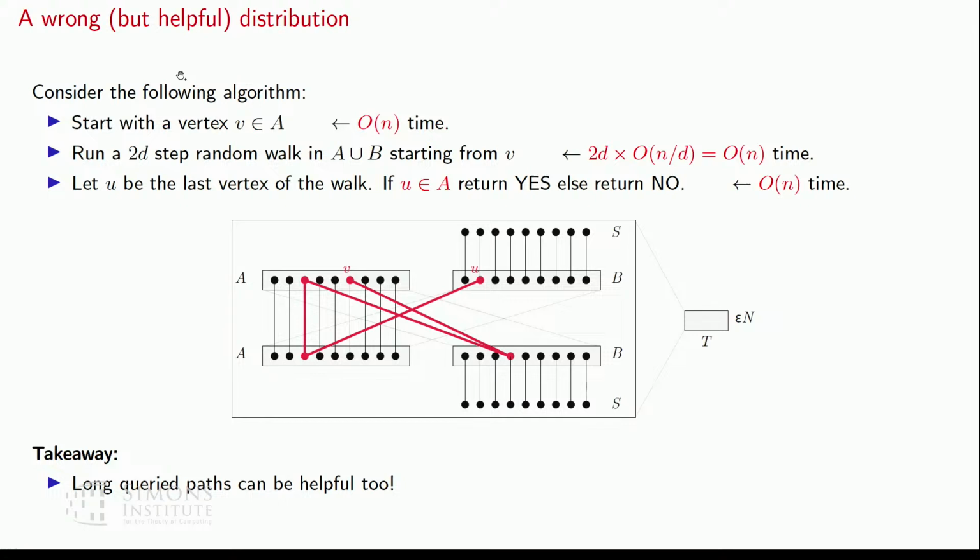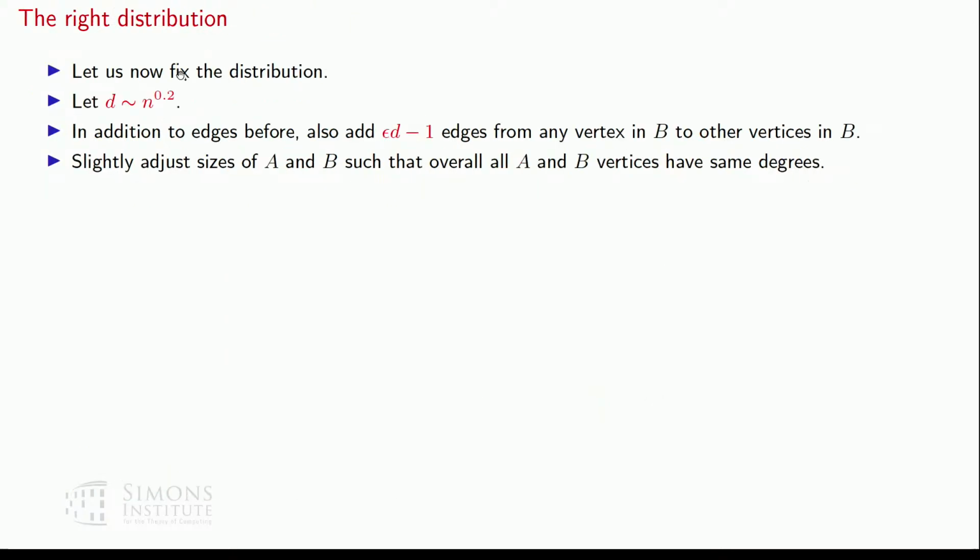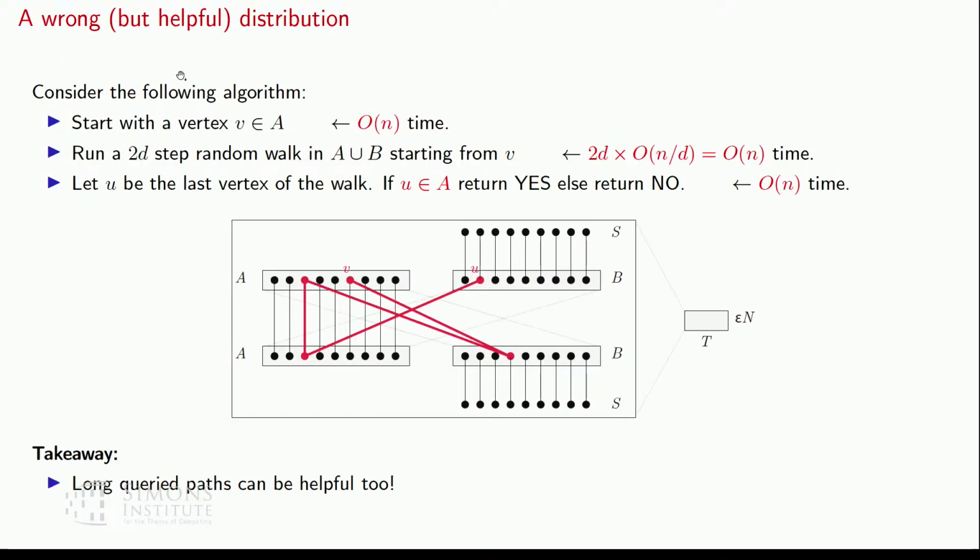So this only works if you go through A exactly once. But there's a constant probability, you can repeat this multiple times, and if any one of them does this, then you're going to for sure know that this is a yes instance. Okay, so you have to check the first step because you only check the first and the last vertices of the path, not the vertices in between.